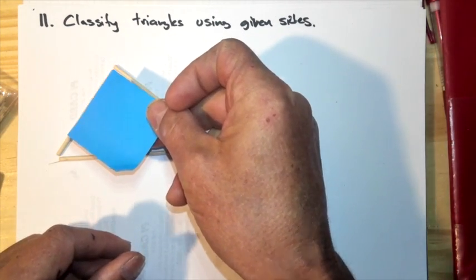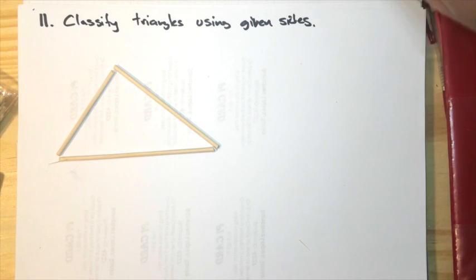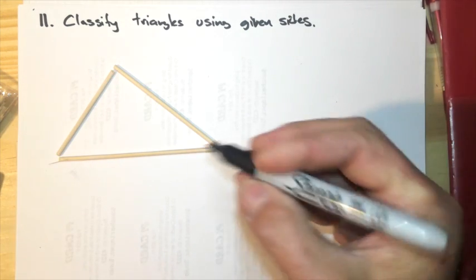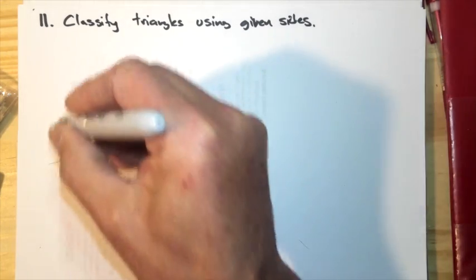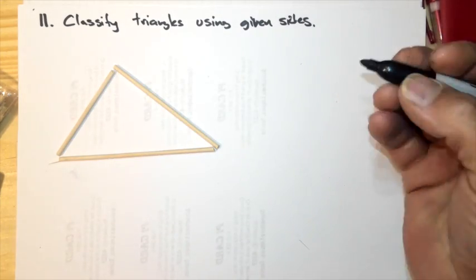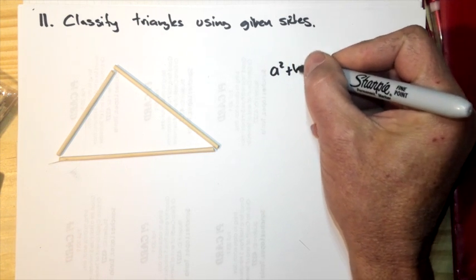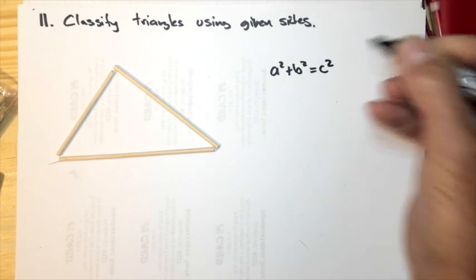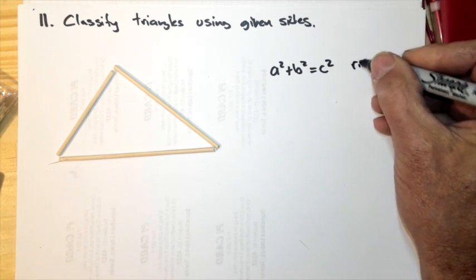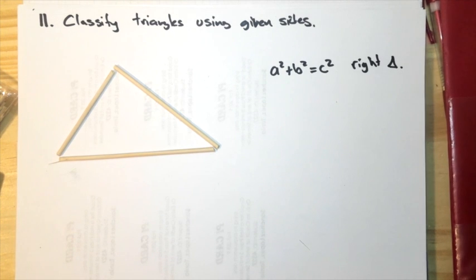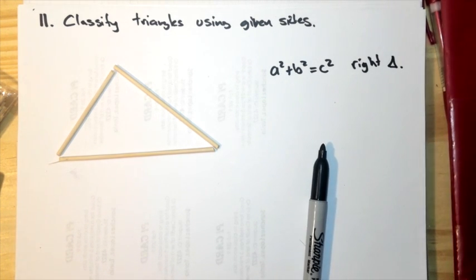If it is a right angle there, then I know that the Pythagorean theorem will apply. So I'm just going to say, a squared plus b squared equals c squared means it's a right triangle.